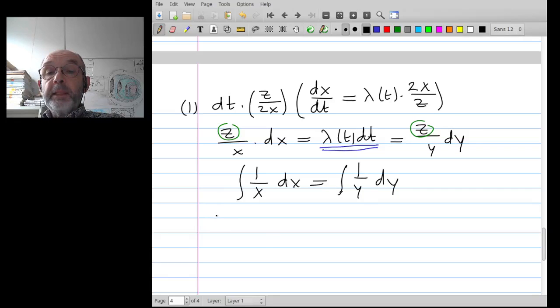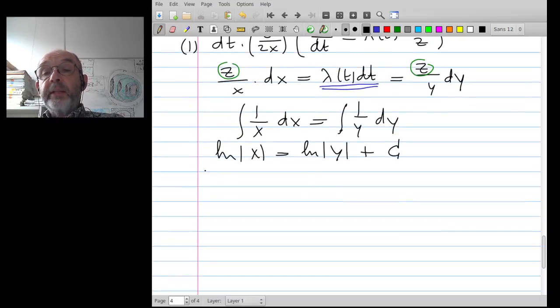And that means that the ln of the absolute value of x is equal to the ln of the absolute value of y plus some constant. If we take the exponential on both sides, the exponential of this one becomes equal to the exponential of this one, and we see that x becomes equal to some constant times y.